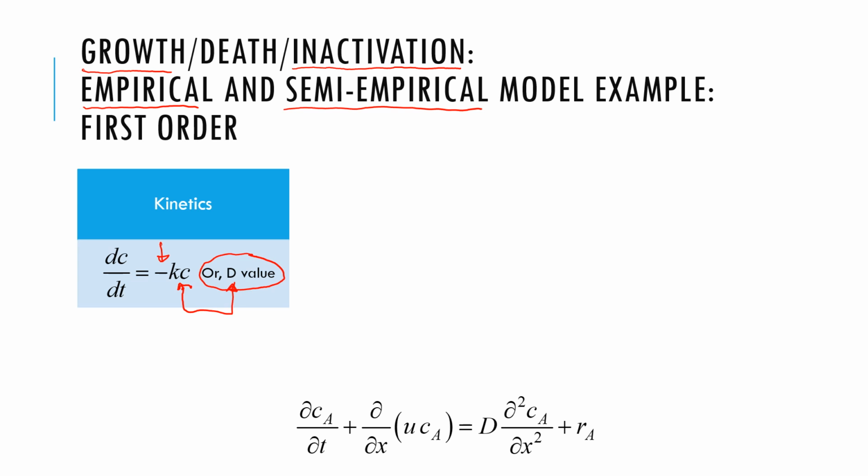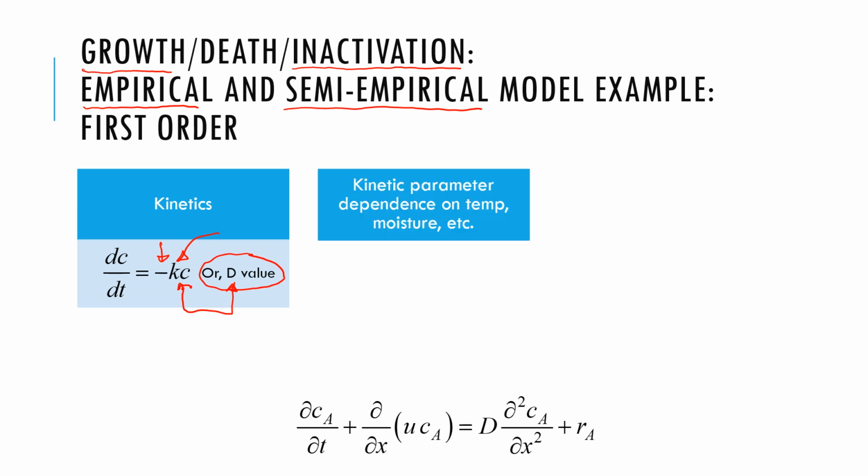And next, how this K depends on environmental factors like temperature, moisture, etc. And that, in this case, can be described as an Arrhenius kinetics. Again, some of you may be more familiar with the Z value.